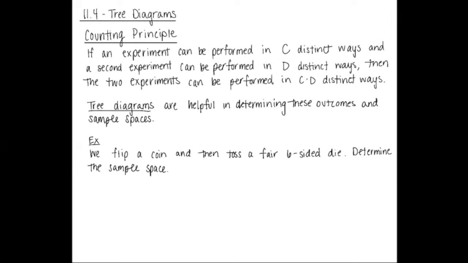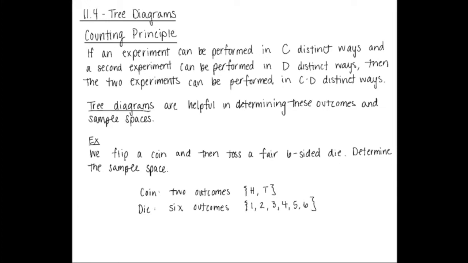So when we flip the coin, how many outcomes are there? 2. We have 2 outcomes, which are heads or tails. So I'll just use H and T. And then we have a 6-sided die. So that one has 6 outcomes. You can get the numbers 1 through 6.